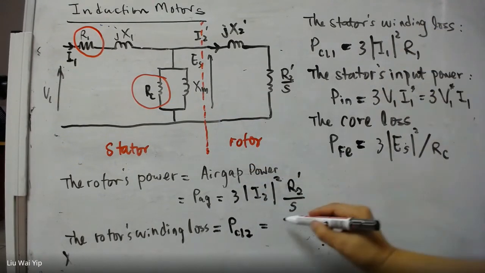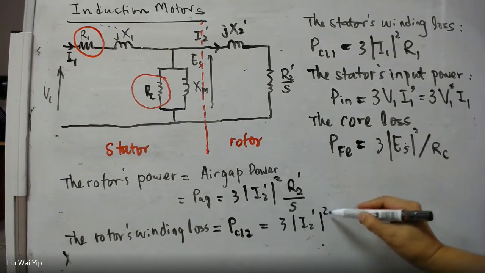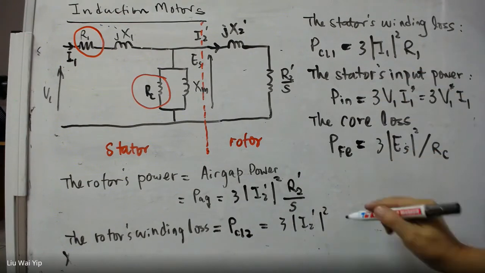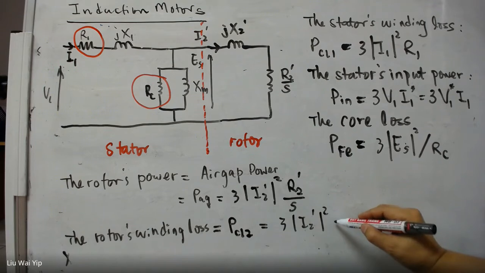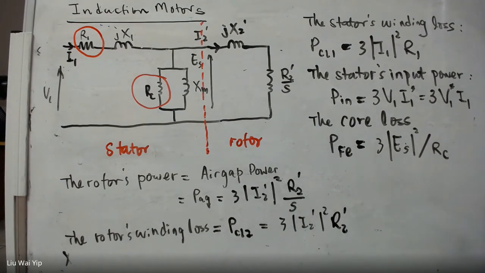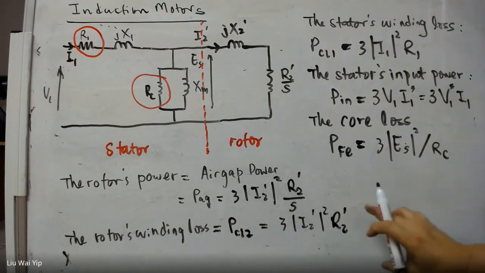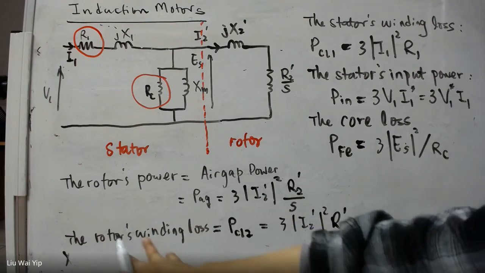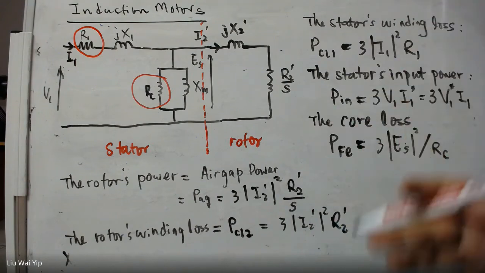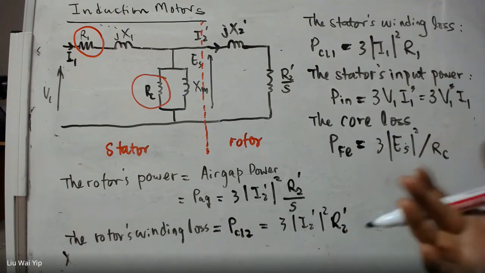And then again, according to this formula, we can equally do this for the rotor: I2 dash squared times R2 dash. The rotor power is a combination of the winding loss and also the converted power. Converted means the power that has been converted into mechanical power.